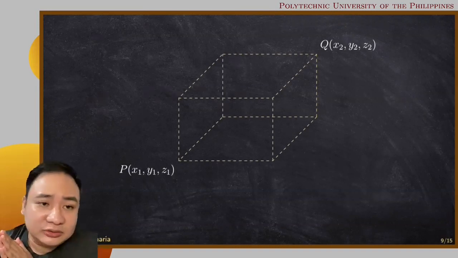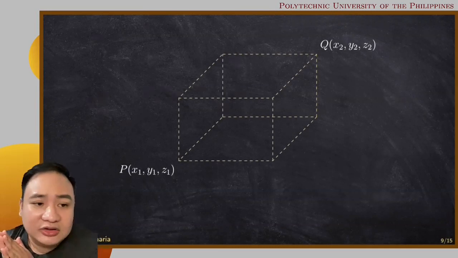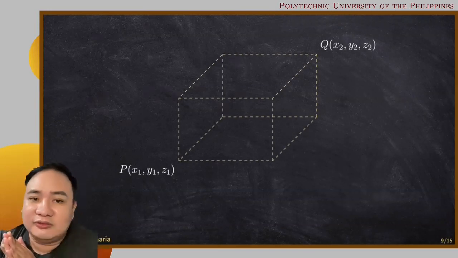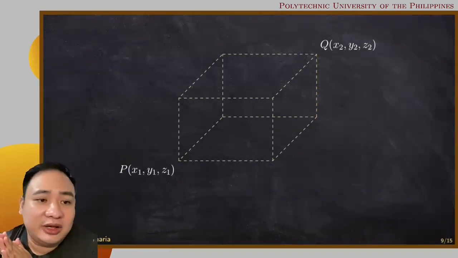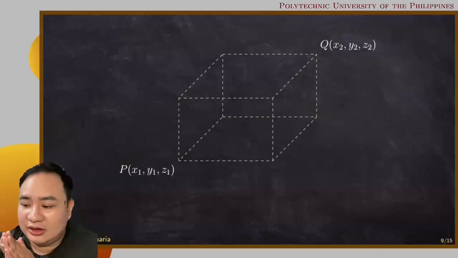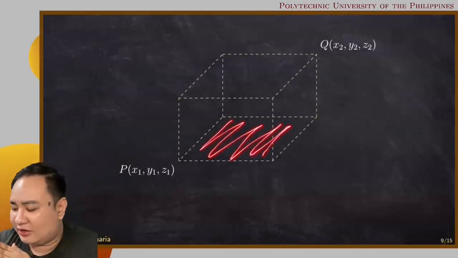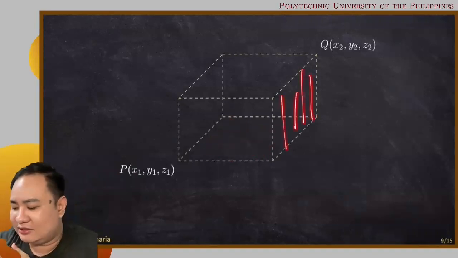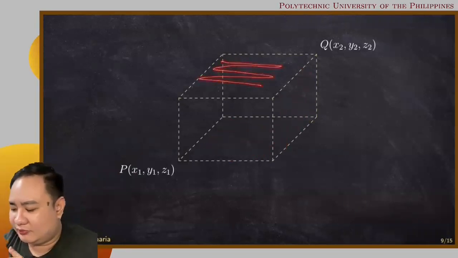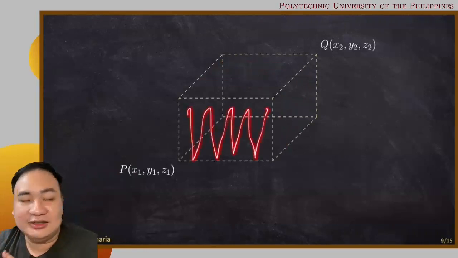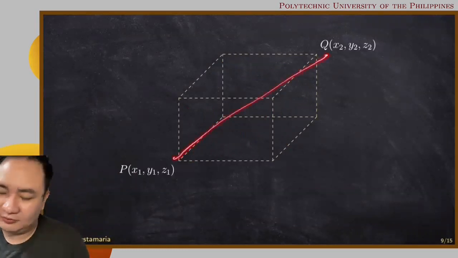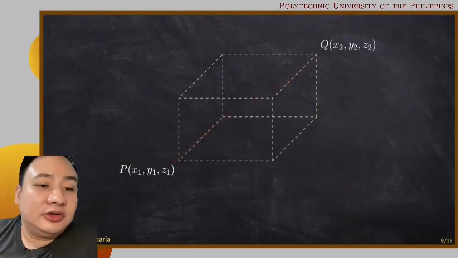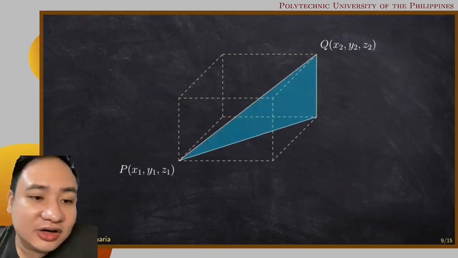So you can try to construct a rectangular box so that P and Q are opposite endpoints of the box, and in such a way that the sides of the box are parallel to the coordinate planes. I mean, itong plane na ito dapat parallel sa XY, ito parallel dapat sa XZ, at ito ay parallel sa YZ. Naintindihan niyo ba ako? So we wanted to get the distance. Paano natin kukunin? You may want to consider this triangle.